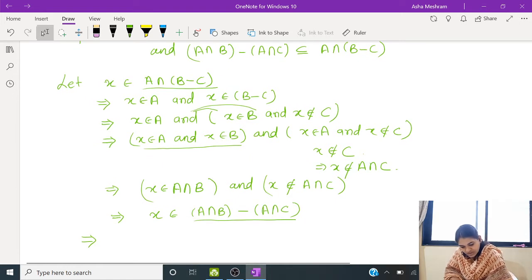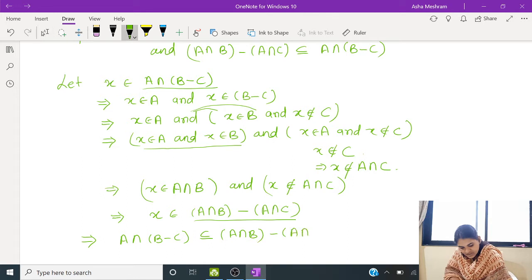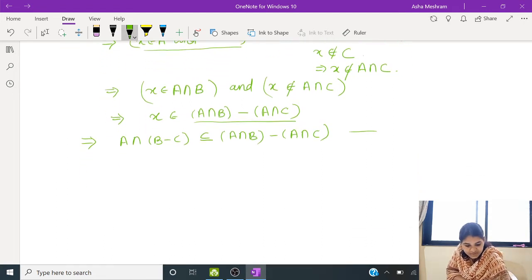So this first set A intersection B minus C is a subset of A intersection B minus A intersection C. Now we prove the second part. We give it equation number 1.